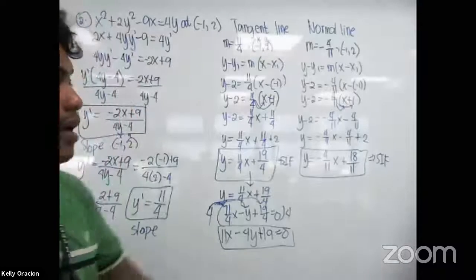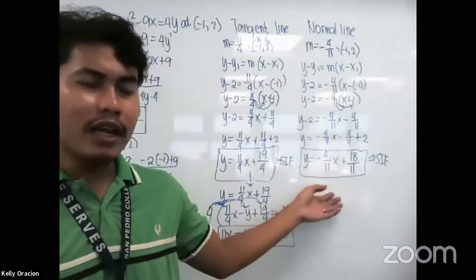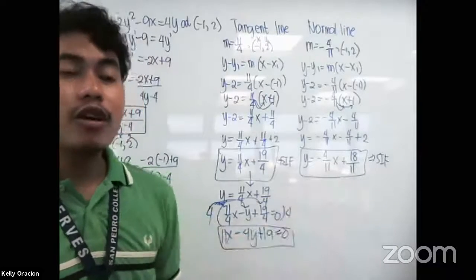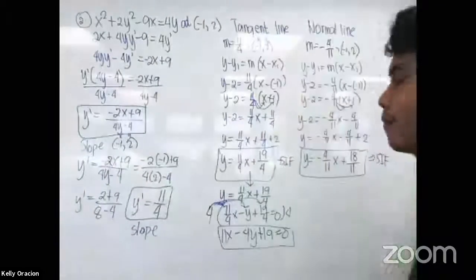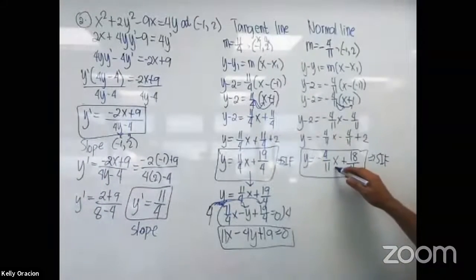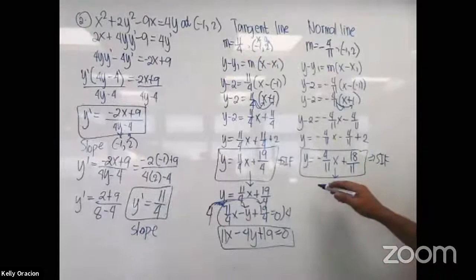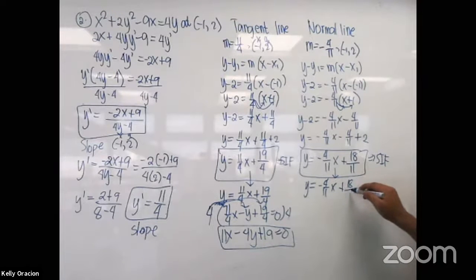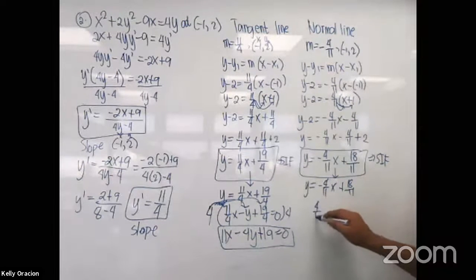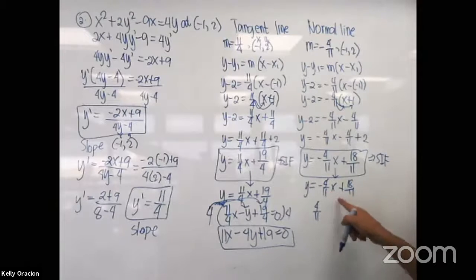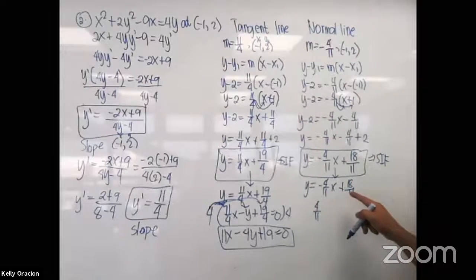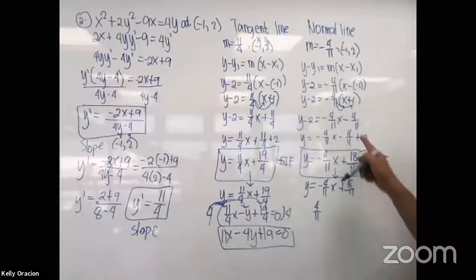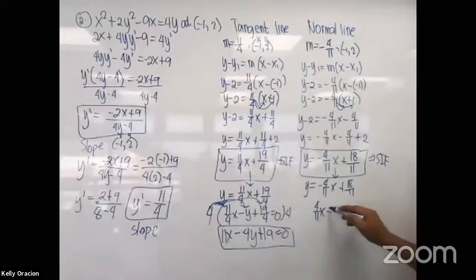So this time, let's transform this one into general equation. So y, so negative ang x plus negative yung x natin. So since negative yung x natin plus, to transpose to the other side, it will turn positive.